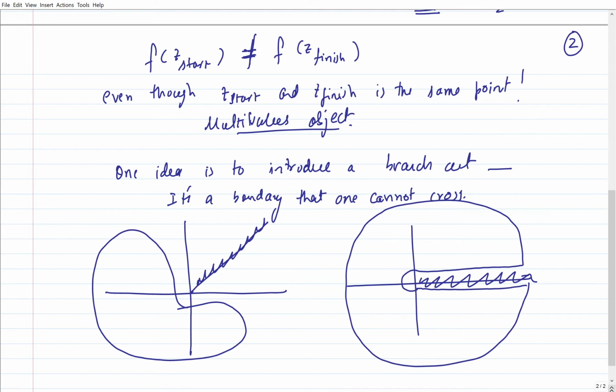We are not crossing this line, we are taking the contour around it over here. So the contour cannot cross the branches.